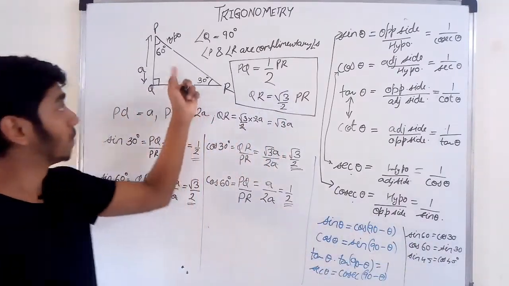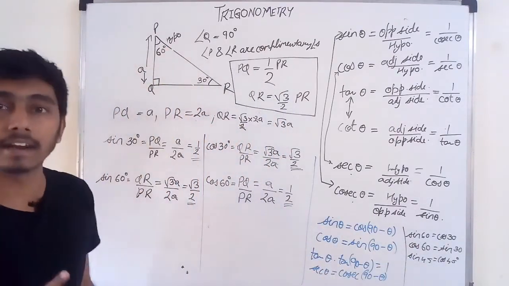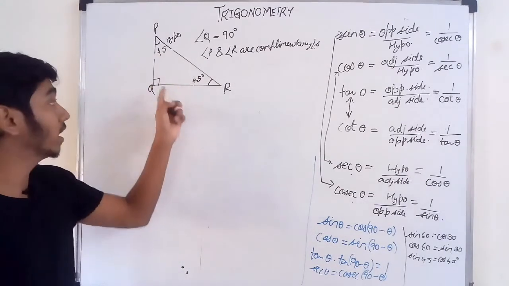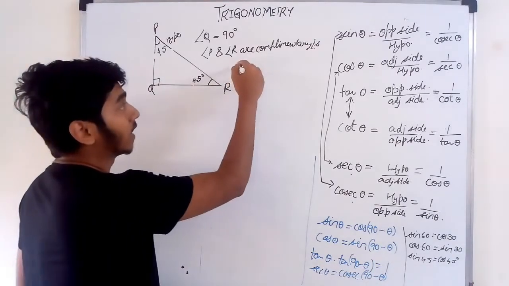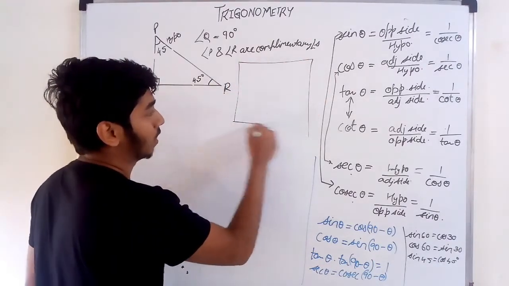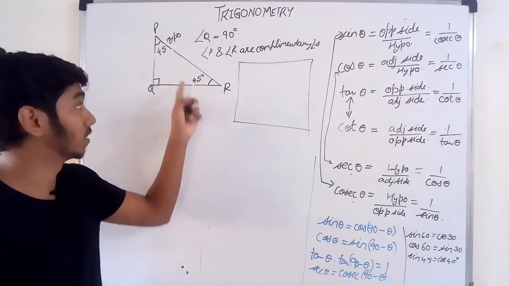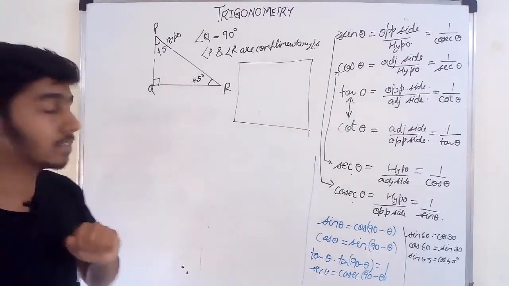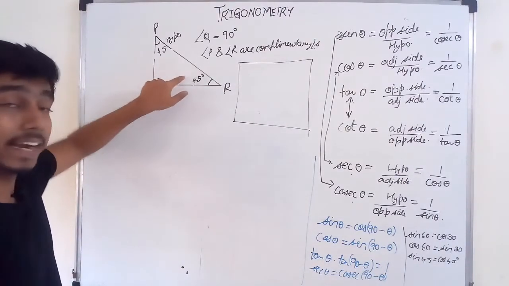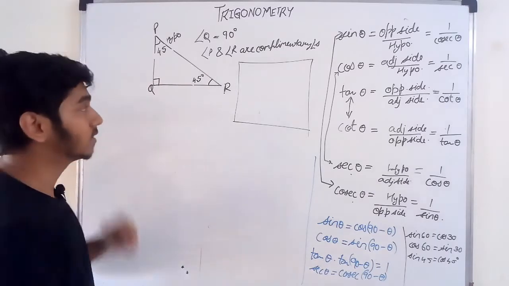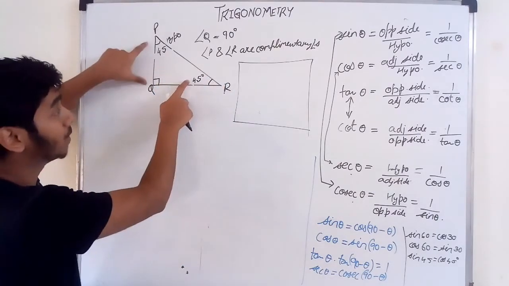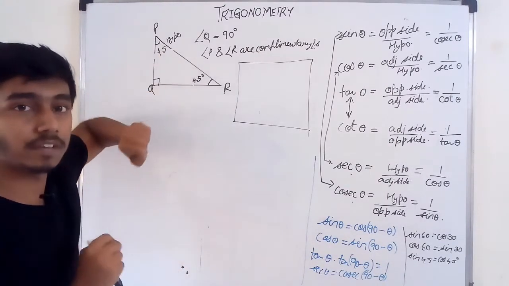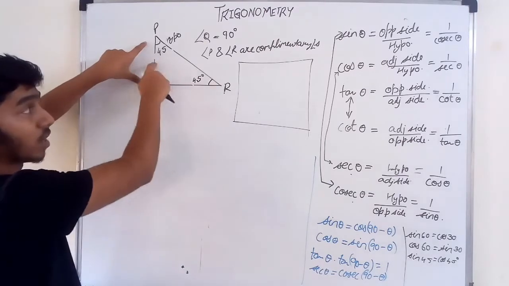Okay, by taking a 45, 45, 90 degree triangle. So here 45, 45, and 90 degree. Now again, the other theorem, the theorem of the 45, 45 and 90 degree triangle, says that the side opposite to 45 degree is 1 by root 2 of the hypotenuse. The sides opposite to 45 are PQ and QR, because both the angles are 45.